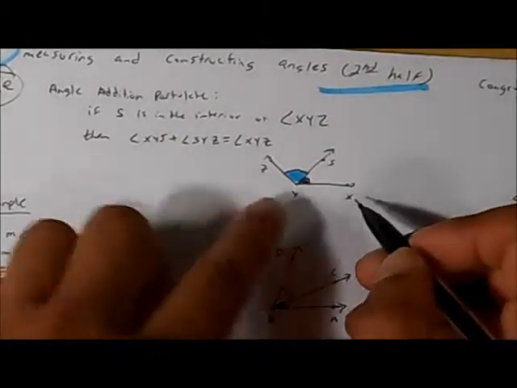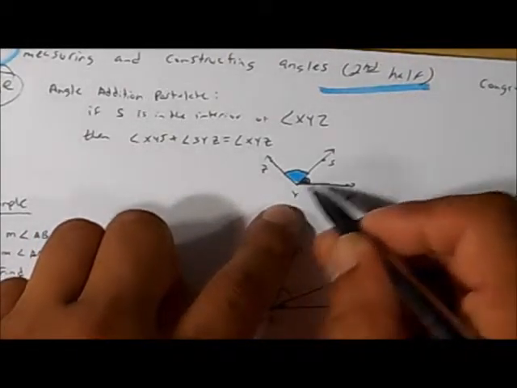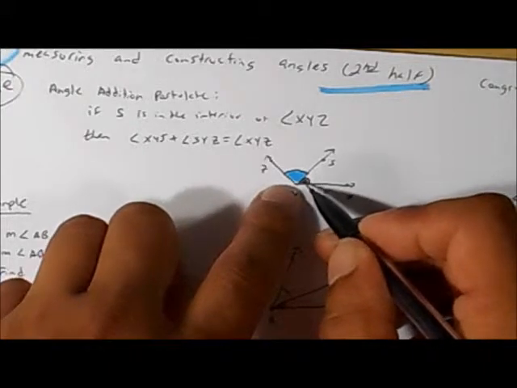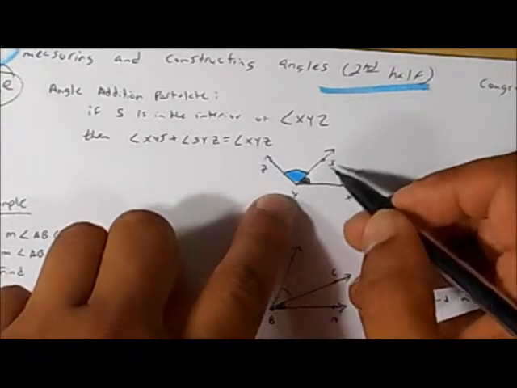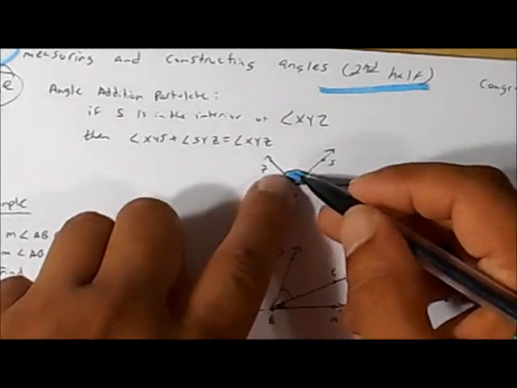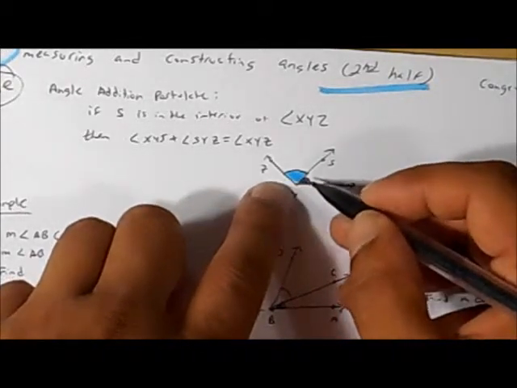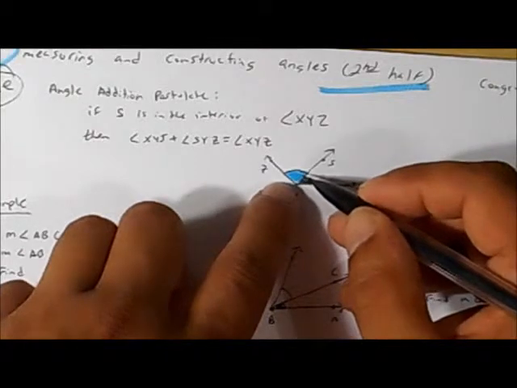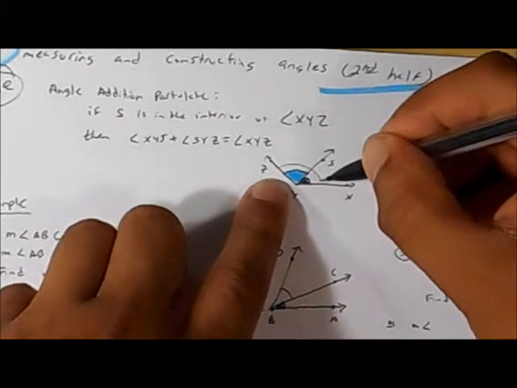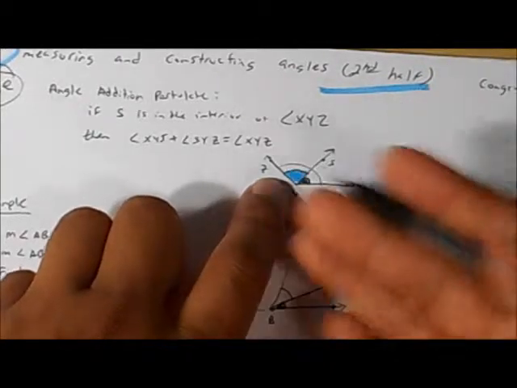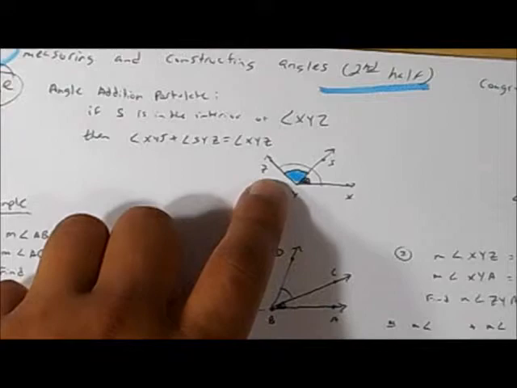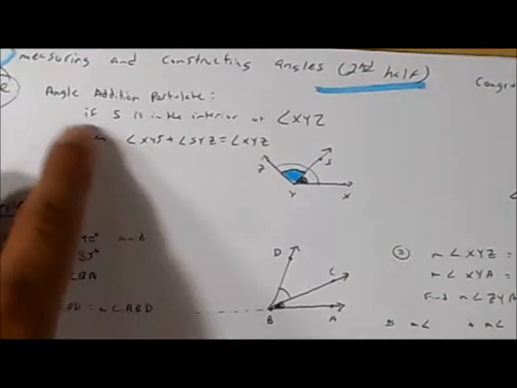So what it's saying is that you can say X, Y, and Z, the angle represented by the black shaded spot, plus S, Y, Z, the angle shaded in by blue. If you add the black to the blue shaded areas, it will create this huge long angle. So that's pretty much what we're going to be working with in this part. And yeah, that's the angle addition postulate.